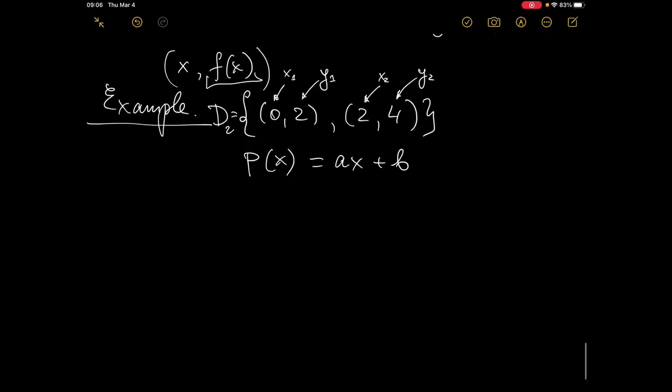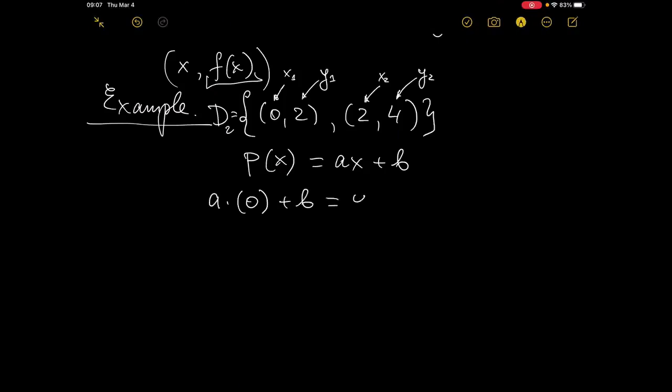And then I can do the following. I can substitute, so let's say a multiplied by 0, so I'm substituting x equal to 0, plus b.